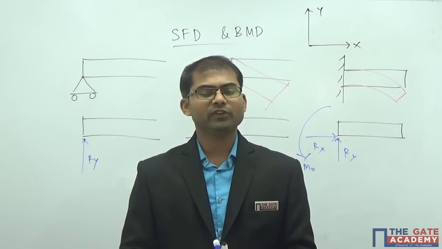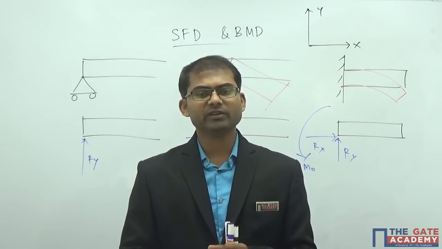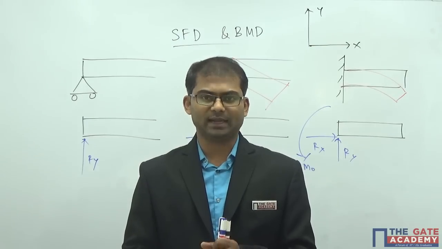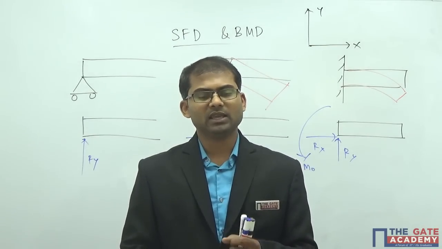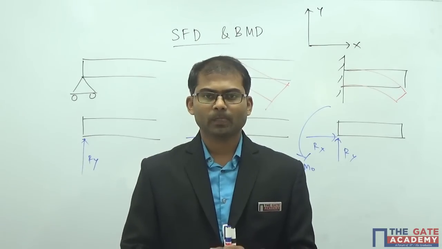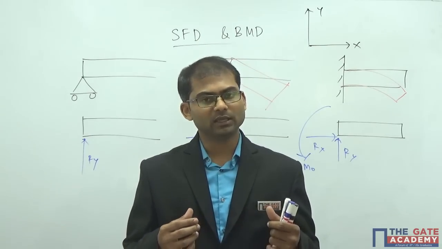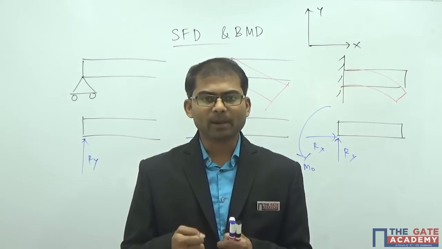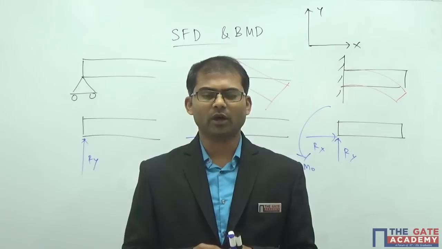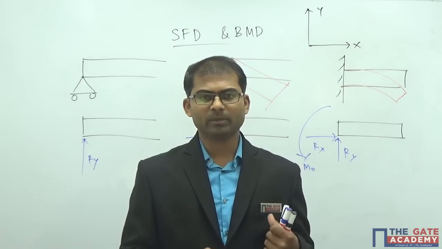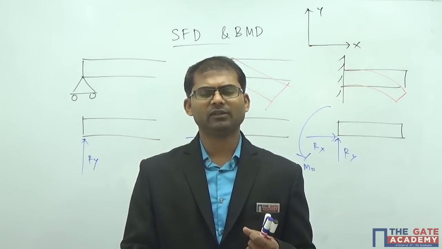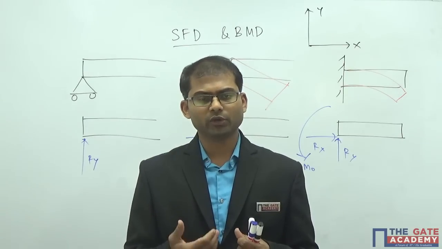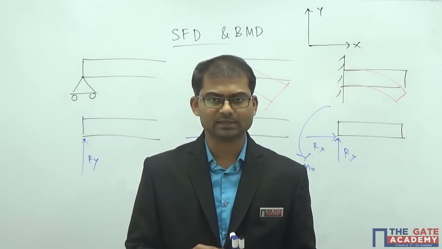So we use the equations of static equilibrium, because the beam must be in equilibrium to experience stress. We apply equilibrium equations and get the values of the unknown reaction forces. I'll write down the equations here, and later we'll solve one GATE question showing you how to use these equations and get the answer.